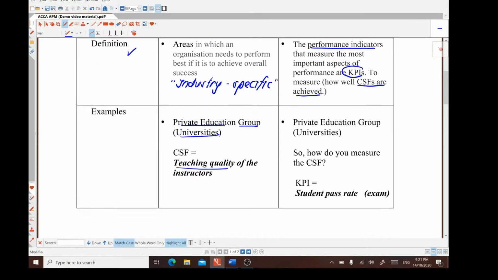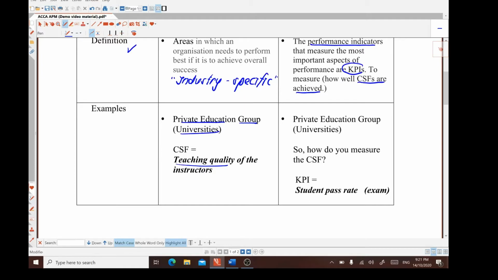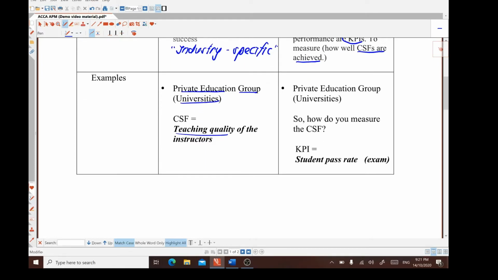How do you measure the achievement of the CSF? That's easy, we use the student pass rate in the exam. The higher the pass rate, the more we achieve the CSF.